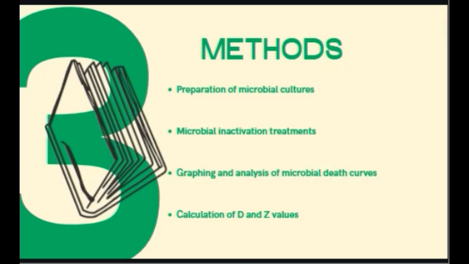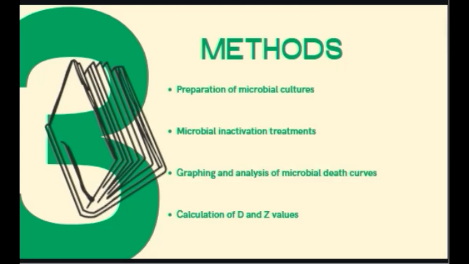The next part is the graphing and analysis of microbiological death curves. In this part, they plot the logarithm of microbiological survival, log CFU, as a function of time for the temperatures tested. Identify the negative slope of the microbiological death curve in the linear portion for each temperature.